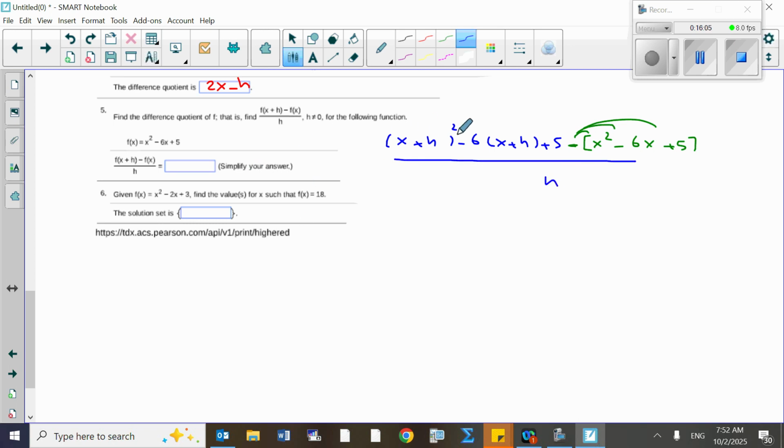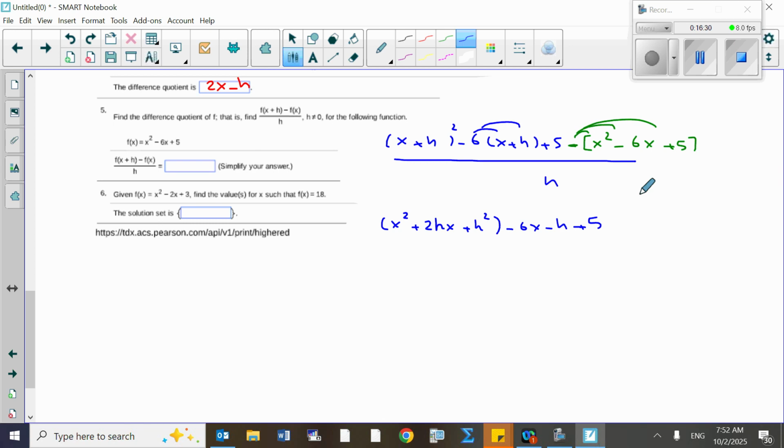We talked about x plus h, and we learned that (x plus h) squared is this times itself, and when you distribute, you're going to end up having x squared plus 2hx plus h squared. Now I distribute the negative 6 times x plus h, and I had a plus 5 here.